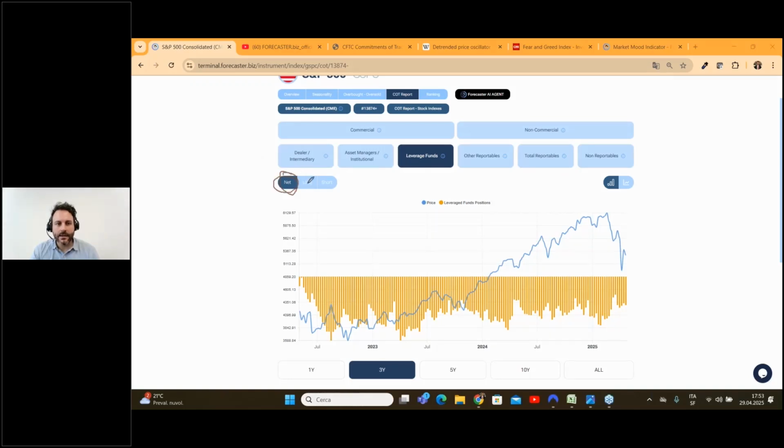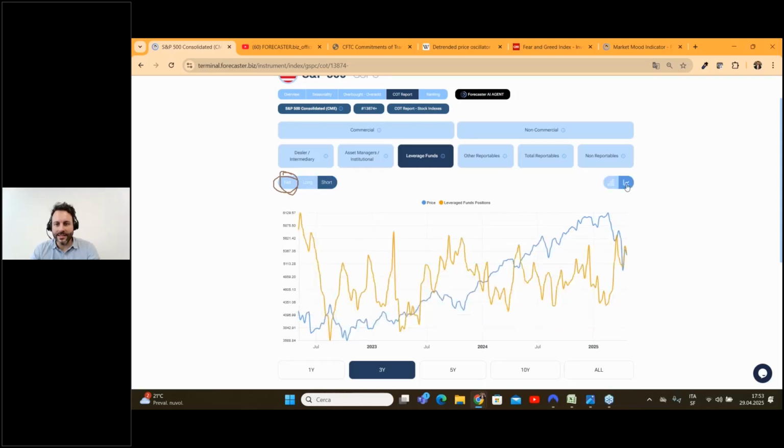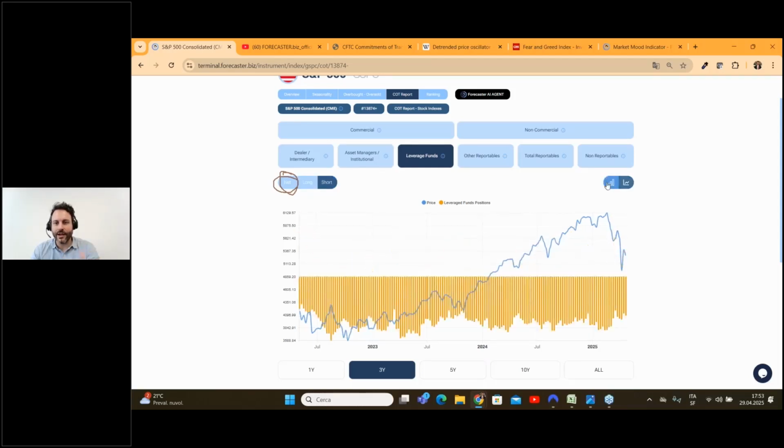It means here on the chart we find long positions minus the short positions for this specific category, leveraged funds. Okay, we have both the long, the short. We can also see a different kind of chart. I really love the bar chart in this case. The net positions are the long contracts minus the shorts.